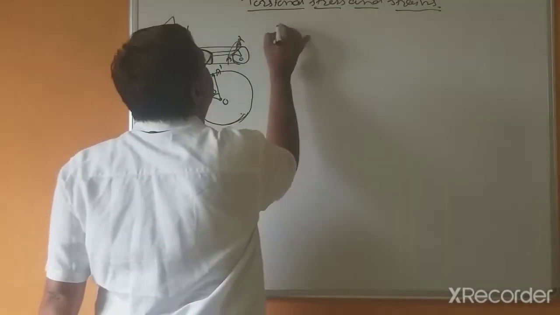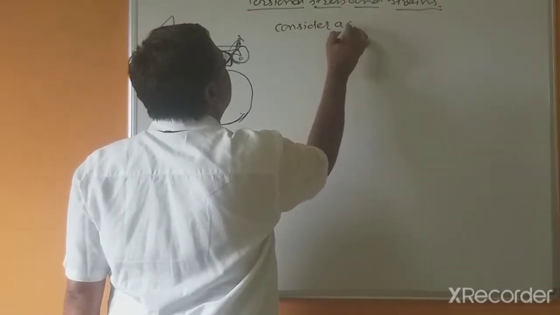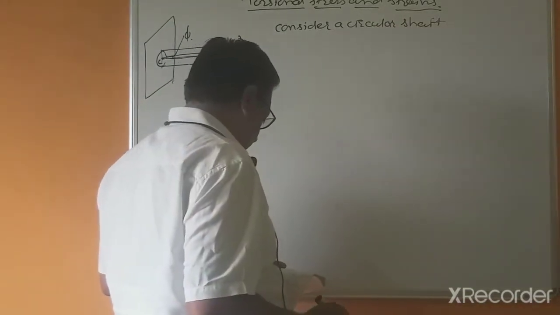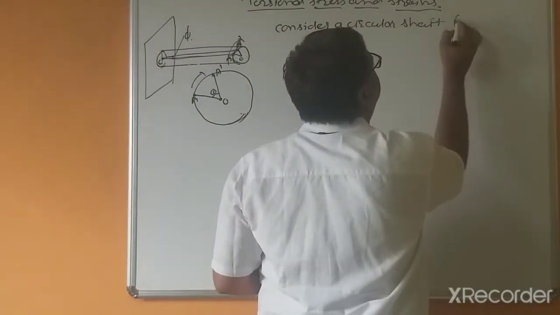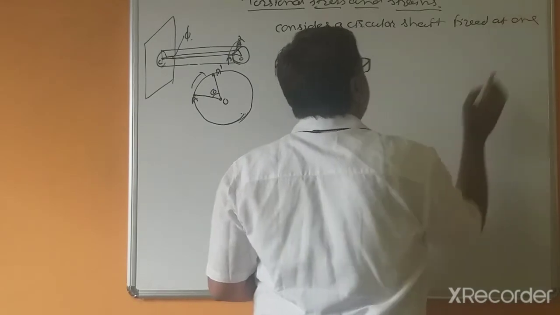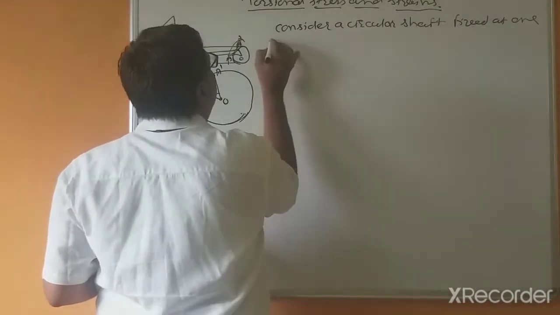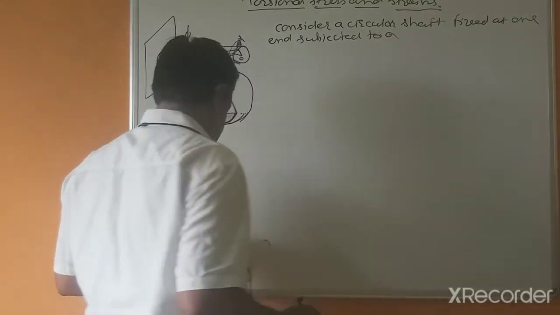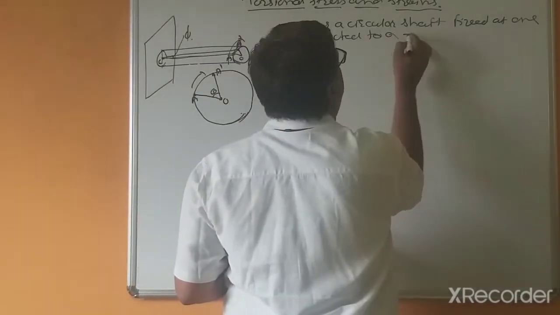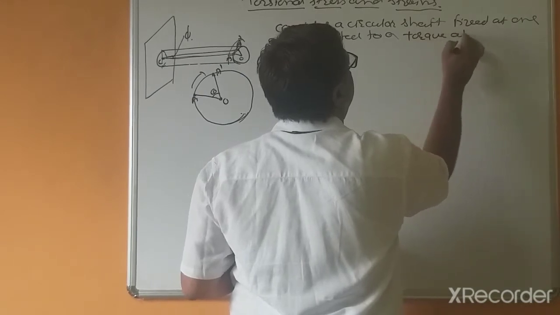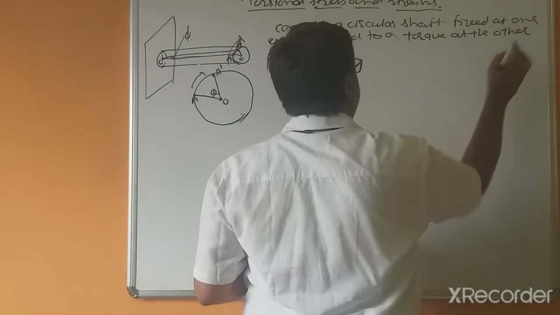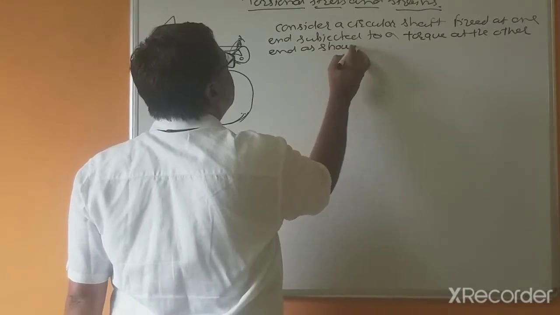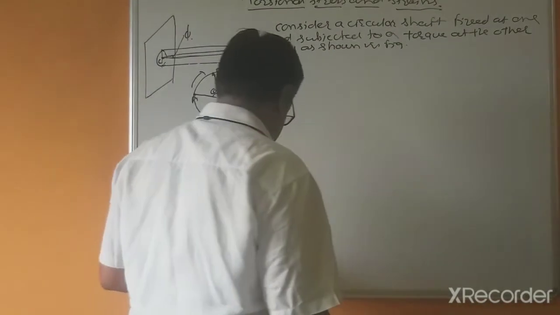Here consider a circular shaft fixed at one end, subjected to a torque at the other end, as shown in the figure.